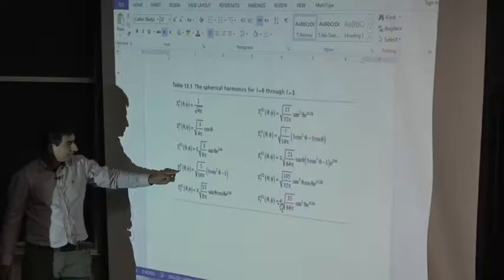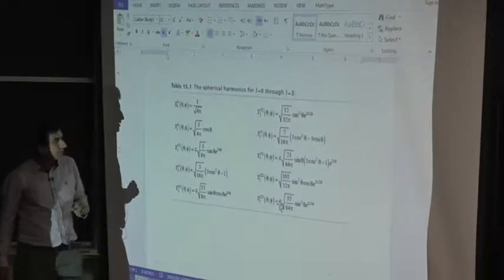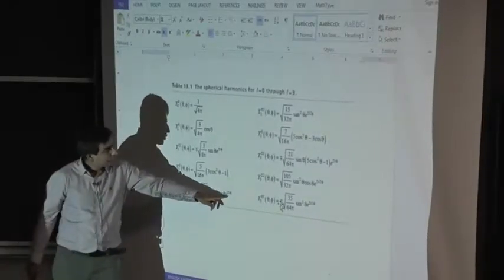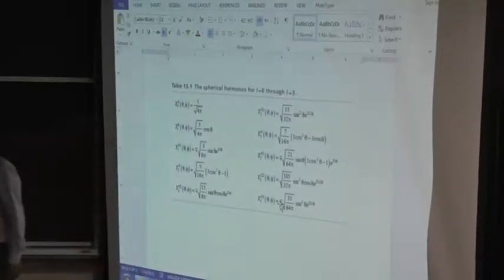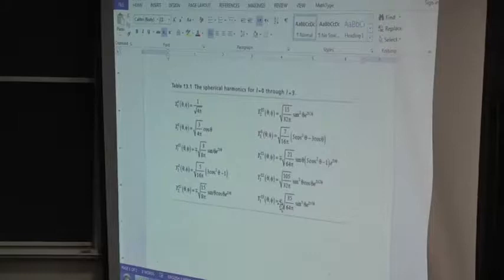L equals 2, m equals 0. You will notice that these particular orbitals have complex terms. But these terms over here are not complex, these are real orbitals. And these are eigenfunctions of the crystal field Hamiltonian, not these orbitals. So you have to create superpositions of these orbitals to create these orbitals.